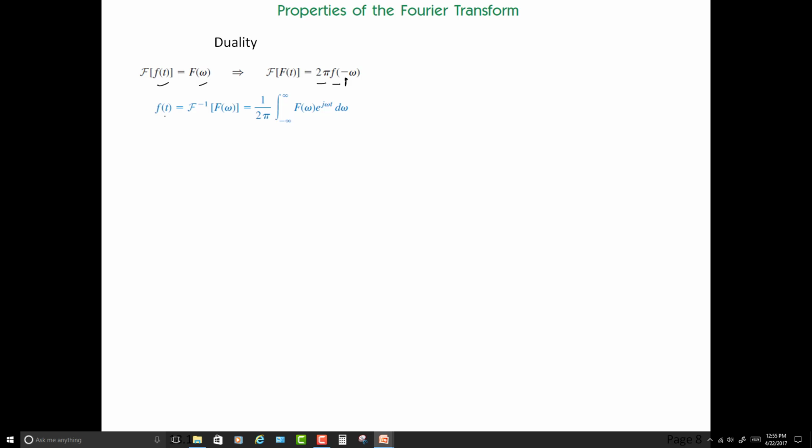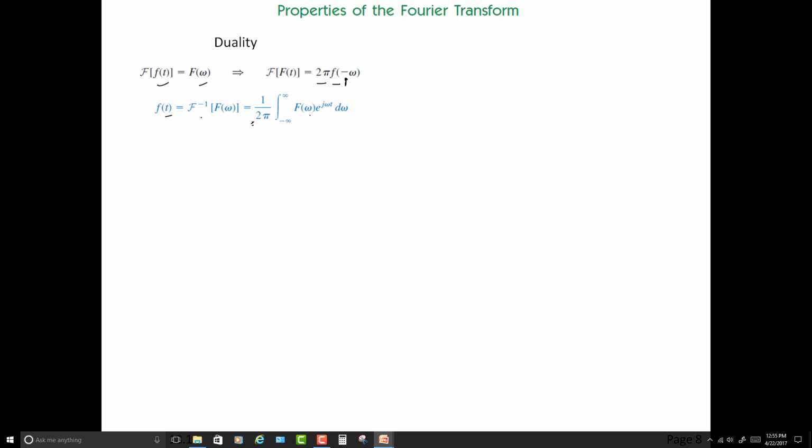So here's our function of t, and it has a Fourier transform f of omega. All right, so the inverse transform of f of omega is just this. This basically is the definition. The inverse transform of the transform is back to our definition of the Fourier transform, but our definition in time.